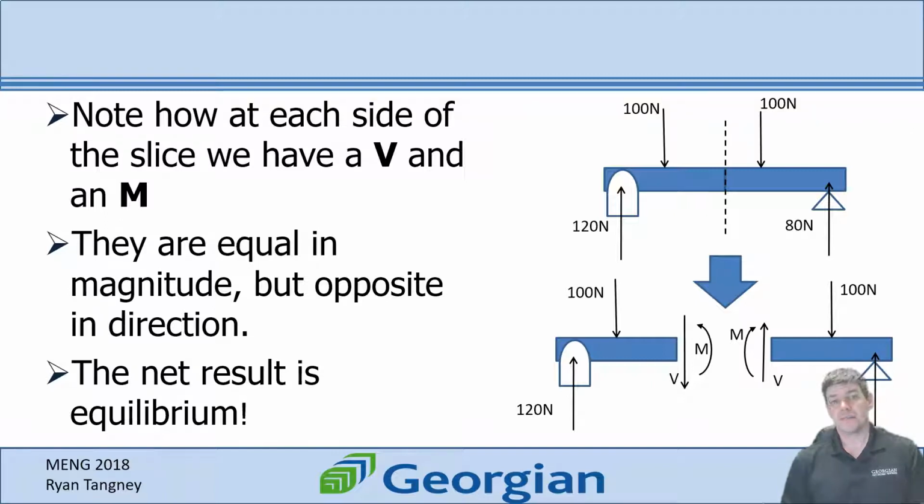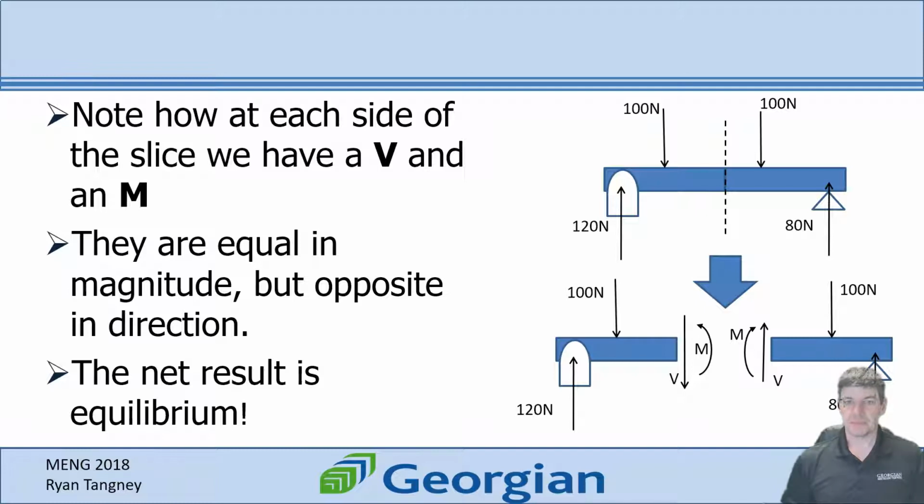The V and the M that we have at the slice, what's really important about them is that they are the same magnitude. So for it to be in equilibrium, and we looked at that slice, we'd have to balance those V's. And in order for that to happen, they have to be equal in magnitude, but opposite in direction.